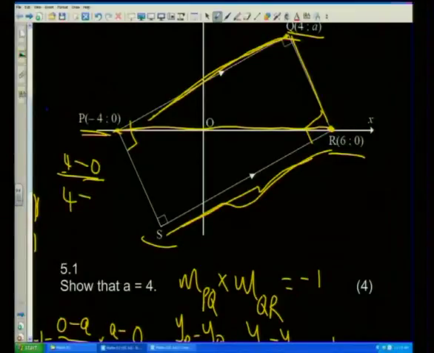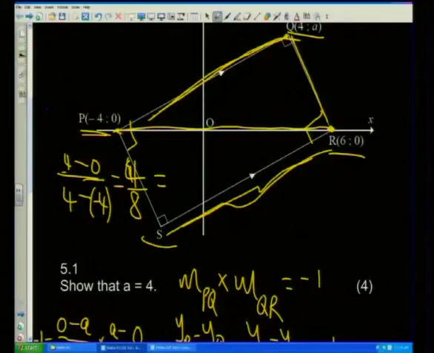Then we take away minus 4. Okay, so what you have as the slope of PQ is 4 over, negative times negative will give us a positive there. Then we have 8 at the bottom. Okay. So what you have is therefore that the slope of PQ is 1 over 2.